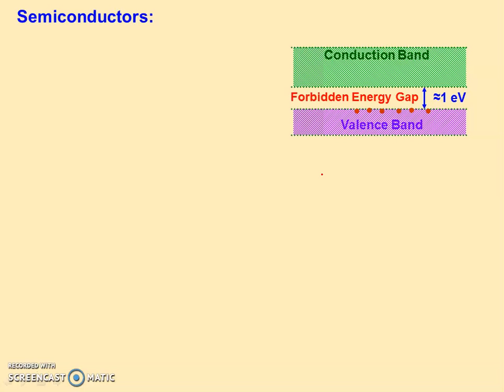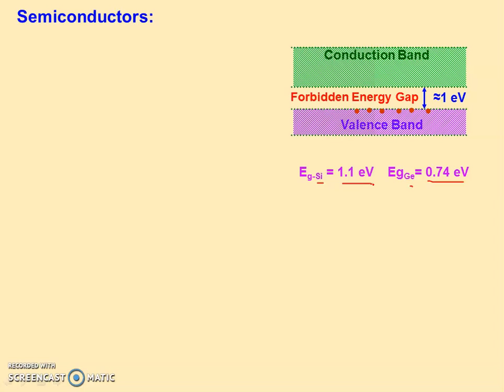So for silicon, this is 1.1 and for germanium it is 0.74 electron volt. Forbidden energy gap for germanium is 0.74 electron volt and the forbidden energy gap for silicon is 1.1 electron volt, right? It means germanium is a better semiconductor than silicon, but the availability of germanium is very small.